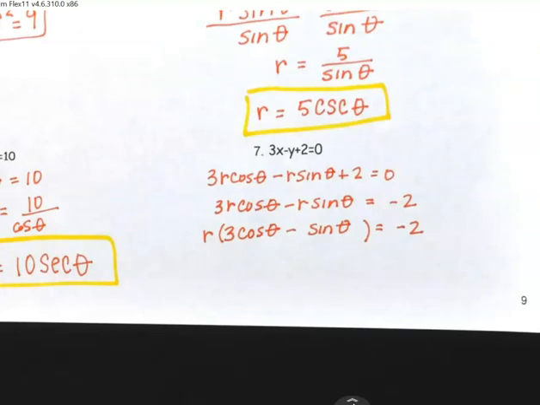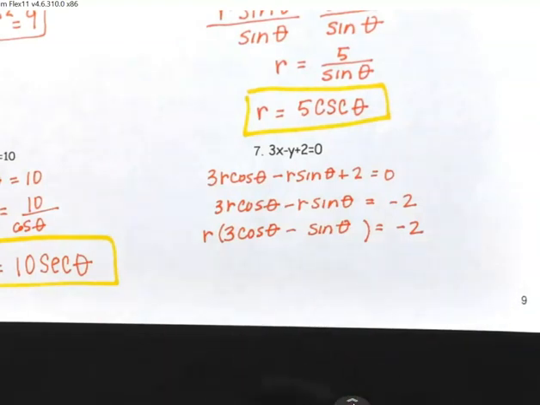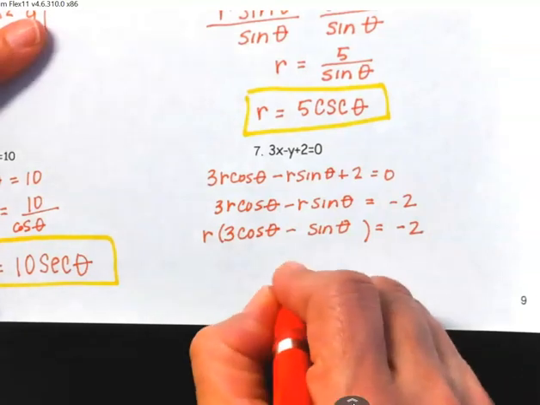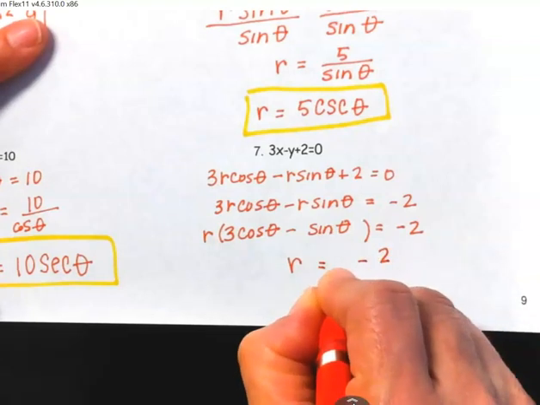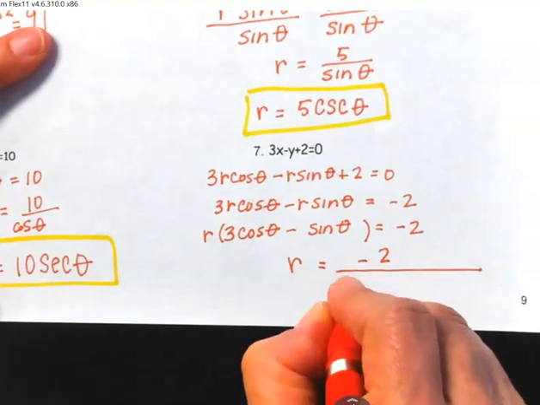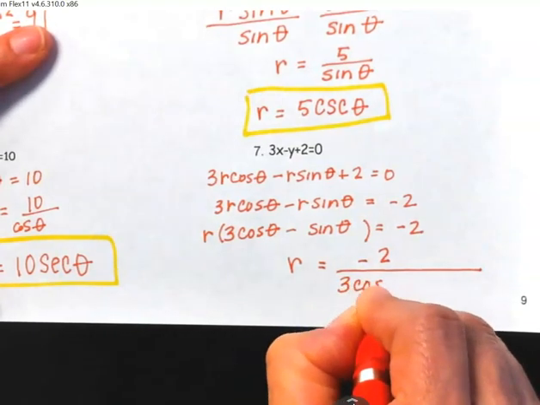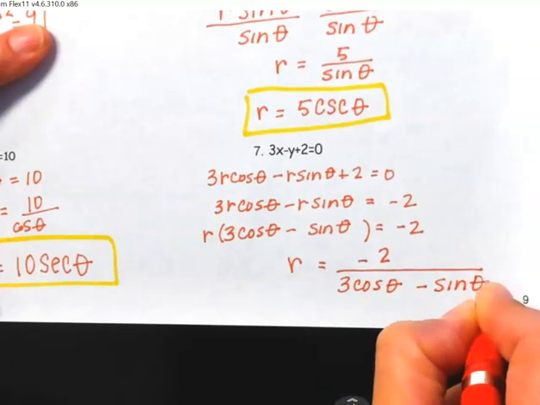Well, if I divide by r, it'd be in a denominator over here, but I do want to divide. I'm going to divide by that stuff stuck next to it. So r is going to equal, and then write a long fraction bar over here on the right side. So this is going to equal -2 over 3 cosine theta minus sine theta.